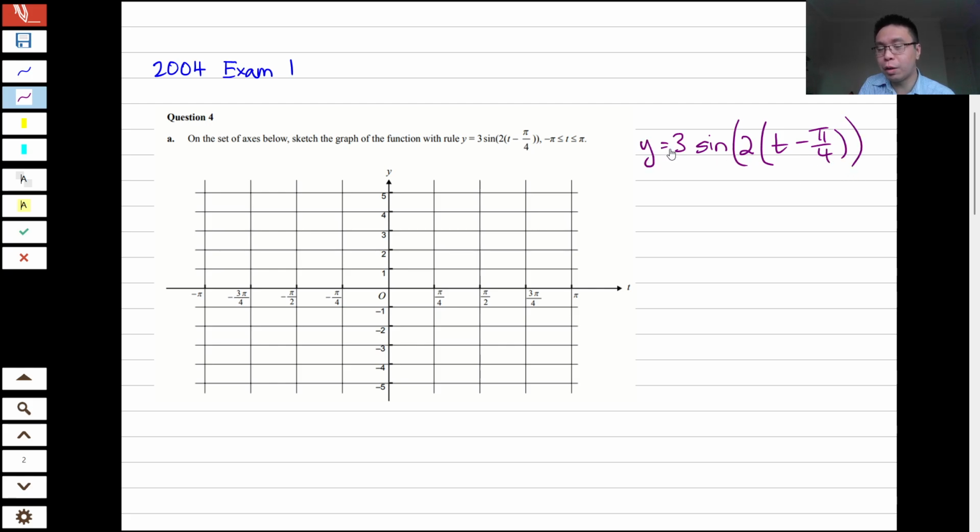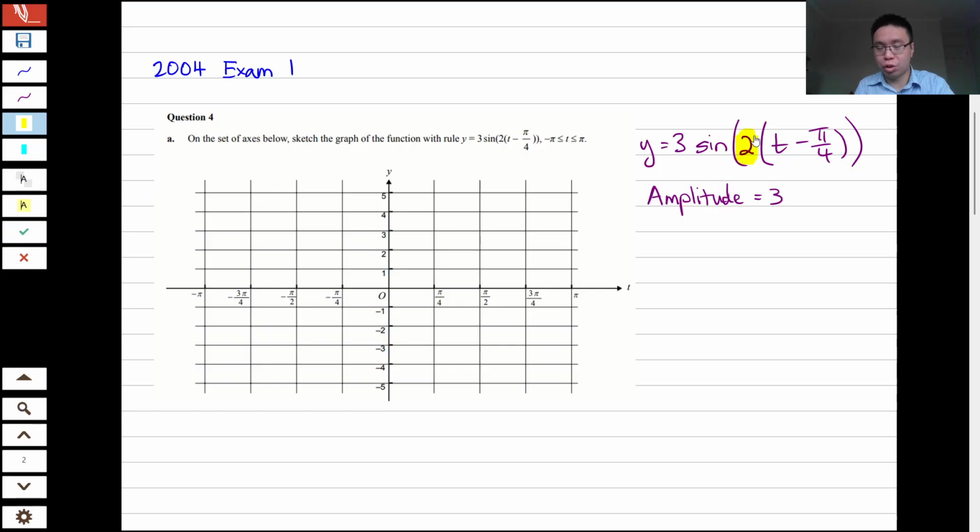Okay, so if you are sketching a trigonometric graph, it's very helpful to identify the amplitude and the period. So in this case, the amplitude is 3. It's the magnitude of the number multiplying the sine or the cosine term. And the coefficient of t is 2.